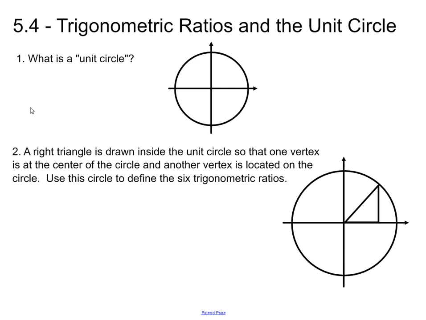So first of all, let's define what a unit circle is. I hope you remember this. A unit circle is a circle that is very specific. A unit circle has a radius equal to 1. So if we have a circle, the radius of that circle is equal to 1, and we place the center at the origin.